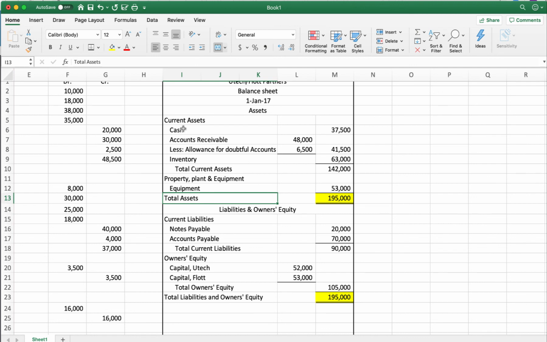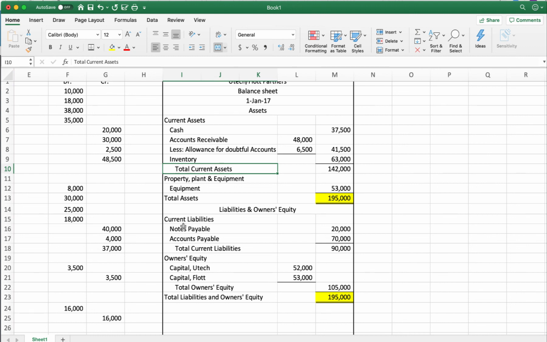Notice that each of the items that fall within a category, whether it's current assets or property, plant, equipment, are indented once, okay? Notice that whenever we total a section, meaning the current asset category, we indent twice, okay? Any classification titles like current assets, property, plant, equipment, those are all left aligned, okay?